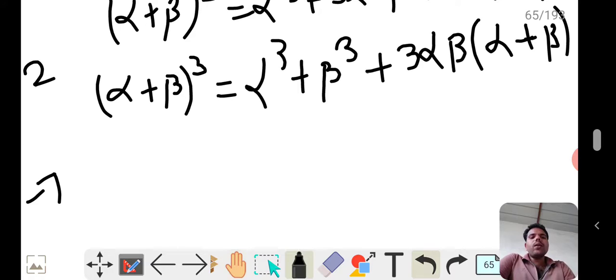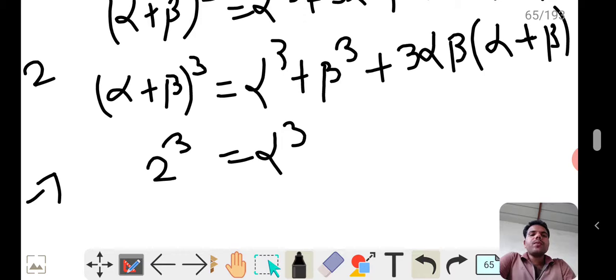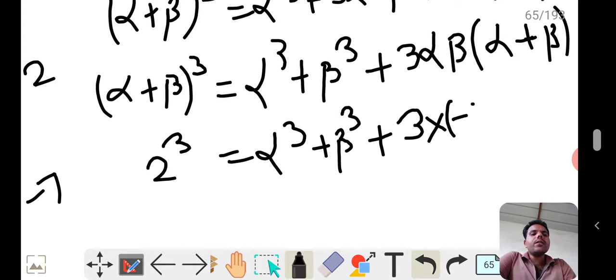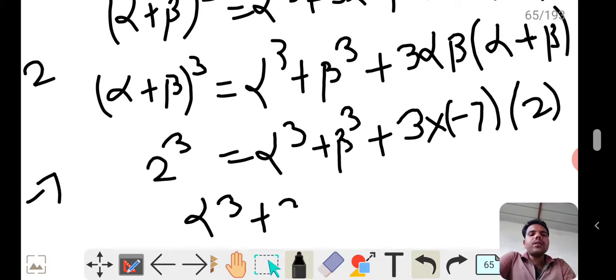We know the value of alpha plus beta as 2, so 2 cube is equal to alpha cube plus beta cube plus 3 into alpha beta, where alpha beta is minus 7 and alpha plus beta is 2. So we will get alpha cube plus beta cube is equal to 8 plus, 3 into 2 is 6 and 6 into minus 7 is minus 42.